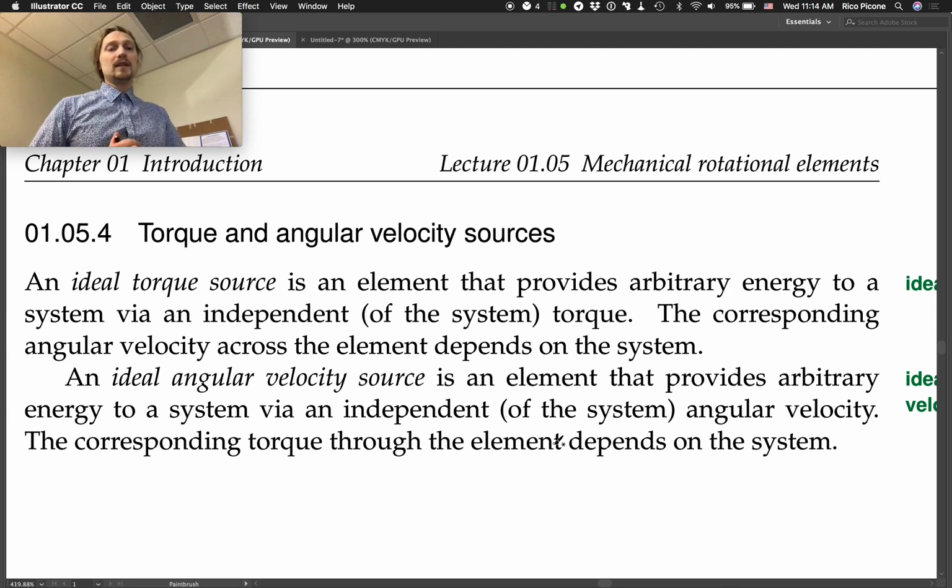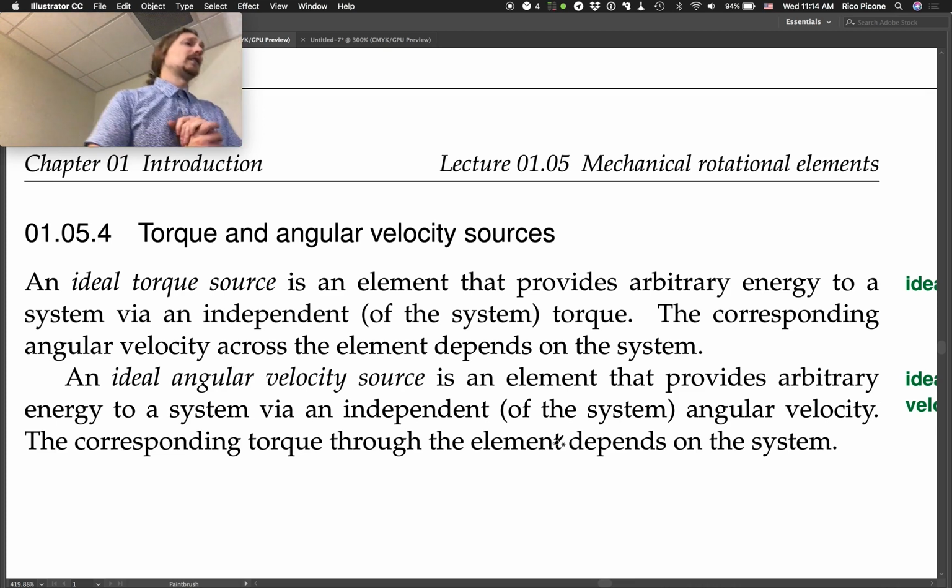This rounds out the mechanical rotational lumped parameter elements that we're going to consider. These are definitely the highlights of mechanical elements. There are obviously a lot of details, and you can get into a lot of detail on how to do rotational mechanical system modeling.